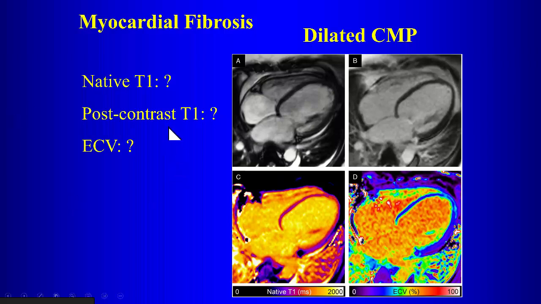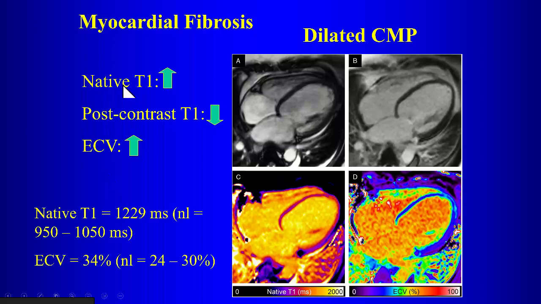What happens to the post-contrast T1? Down, right? Pathology usually enhances, so it tends to decrease the post-contrast T1. And then when you have pathology, what usually happens to the ECV? Up, right? So the native T1 time will go up, the post-contrast T1 time will go down because you expect there will be enhancement, which will decrease the T1 time. So that's an easy way to remember it. And in pathology, in most cases, especially if there's fibrosis, it is going to increase the ECV.